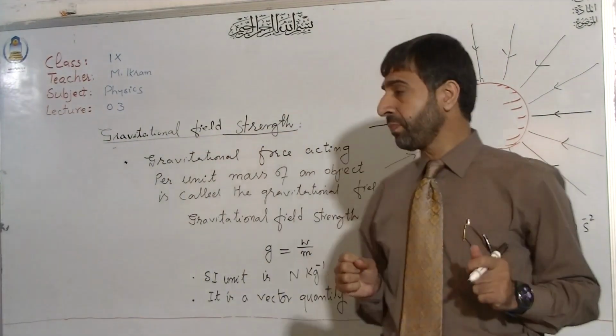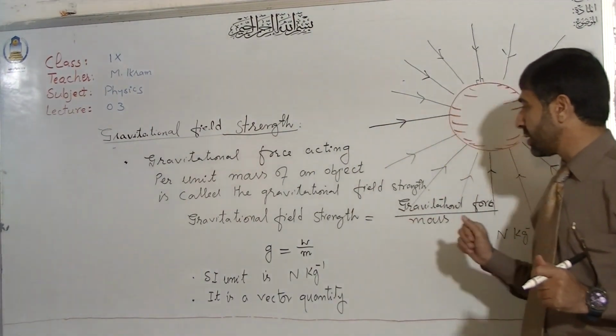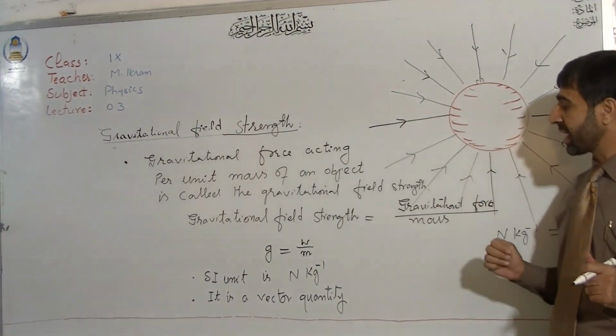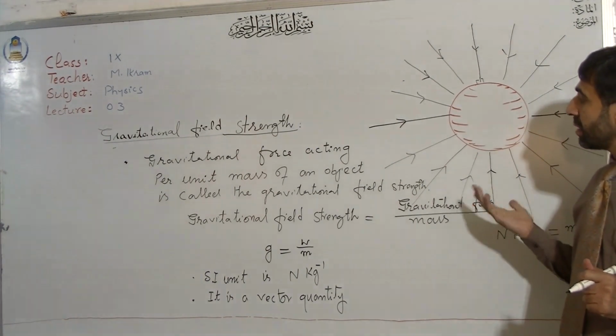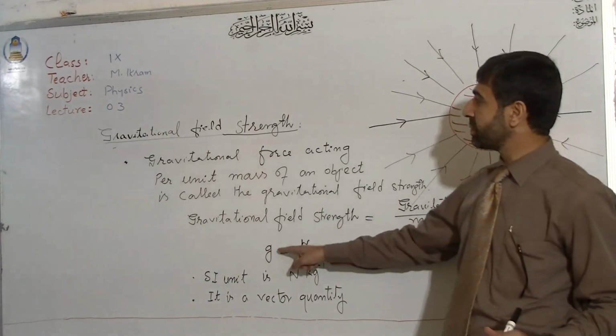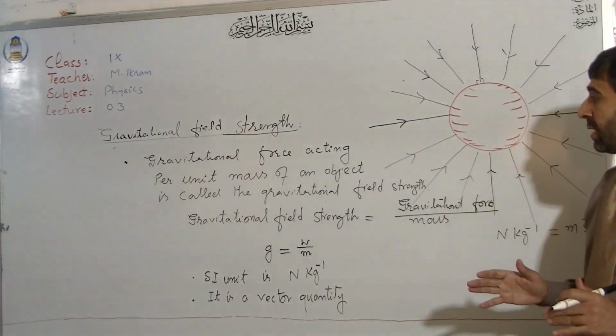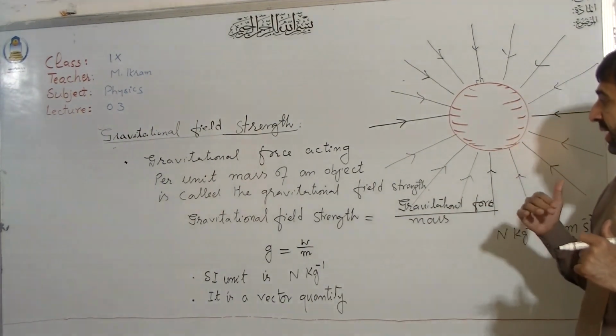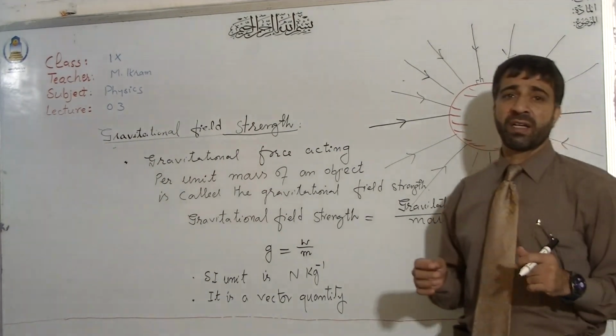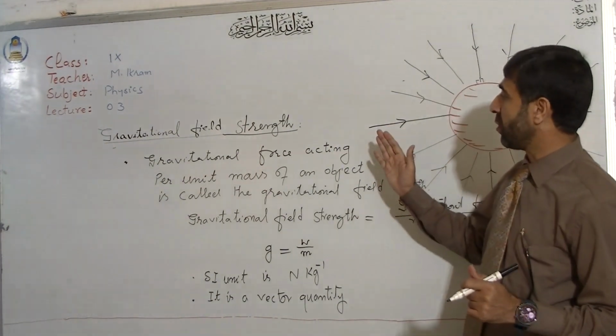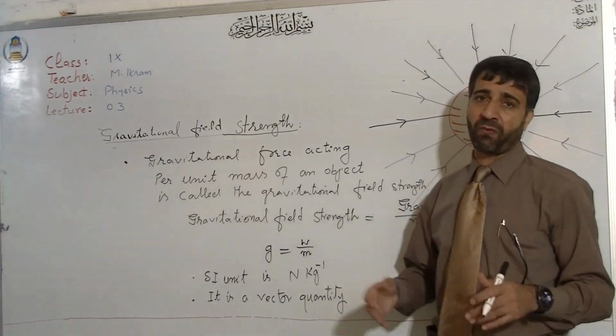Now you see that this is very important. Just by knowing the value of g, the gravitational field strength, we can determine how strong the gravity is for a certain planet or a certain object.